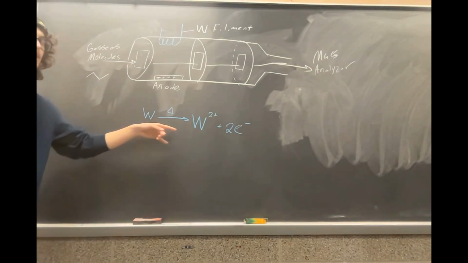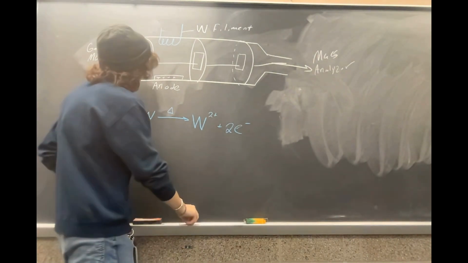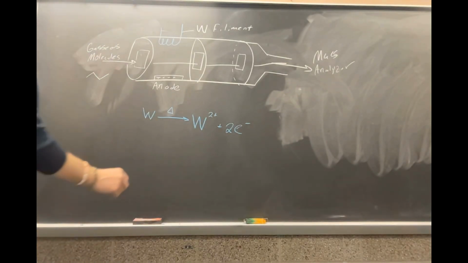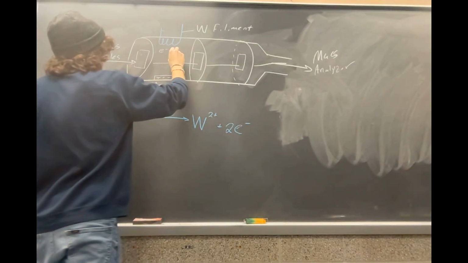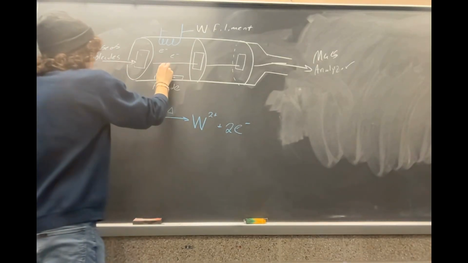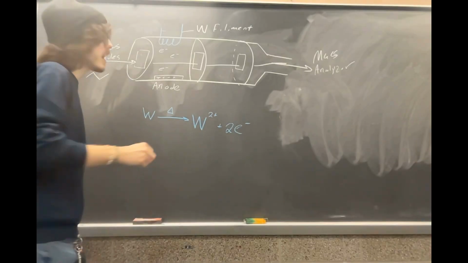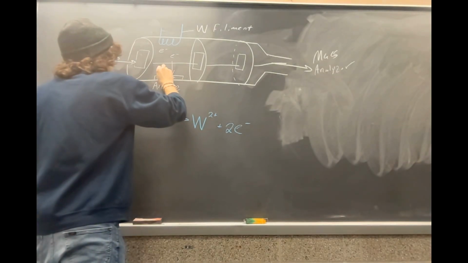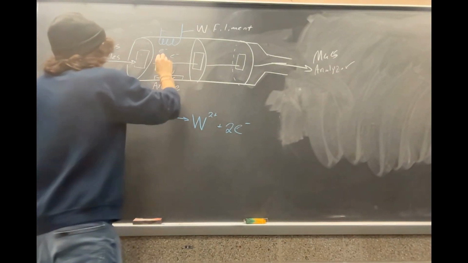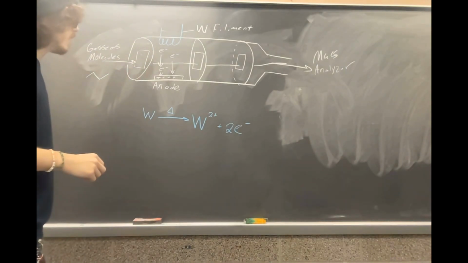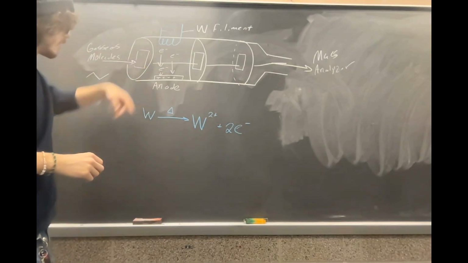That's the reaction that's going to happen. So the output of this filament is not light, but electrons. Electrons are negative and you have a positive anode, so the electrons begin to bombard the anode. You get this beam of electrons flowing from the cathode to the anode.